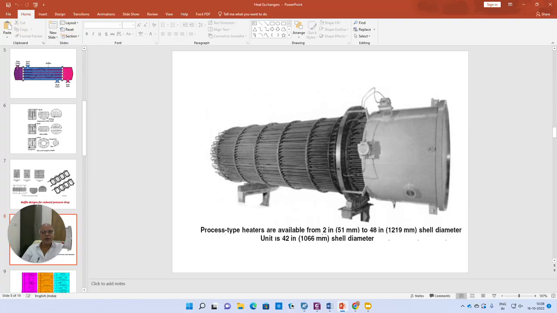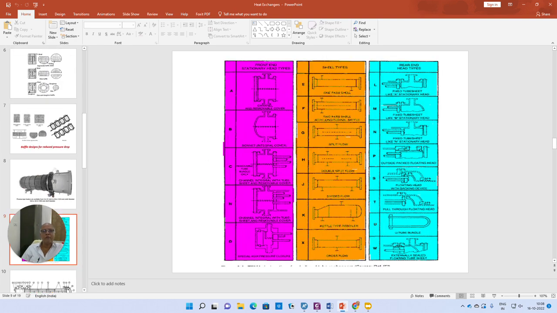Now this is a typical bundle of tubes in a commercial heat exchanger. And these are the various types of front ends, shell types and rear heads. They are typically given some codes: A, B, C, N, D for front ends, shell types E, F, G, H, J, K, X, and similarly for rear heads.